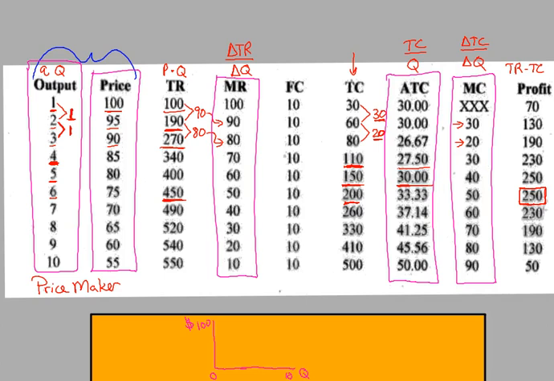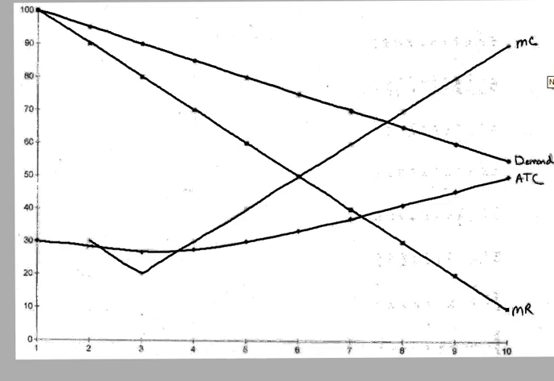All right, so maybe you got a chance to create the graph for this. If not, that's fine. Here's what the graph would look like. This first line right here, this is the price, or what I'm going to call the demand curve, because the reason why I call this demand curve is it shows the quantity, which is down here on the horizontal axis, for all the different possible prices.